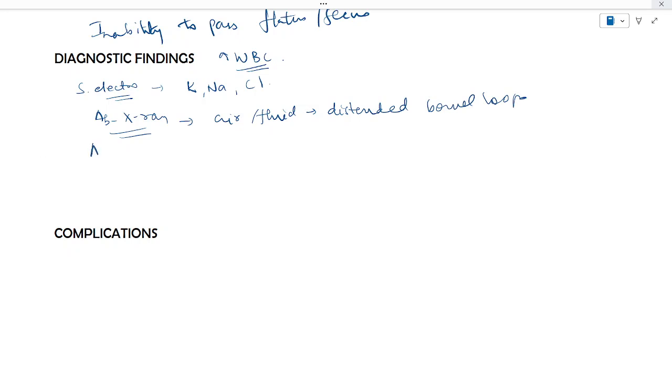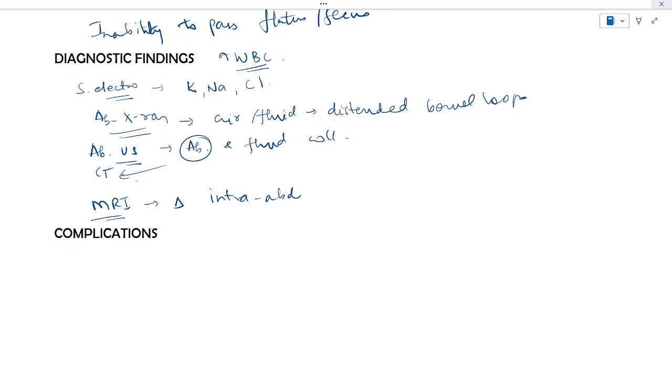Next is abdominal ultrasound, which will help us in diagnosing abscesses and fluid collections. CT scan, again for abscess formation, and MRI. MRI can be useful to diagnose intra-abdominal abscesses.